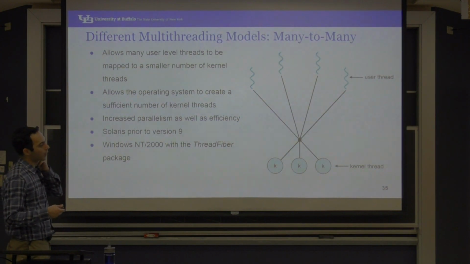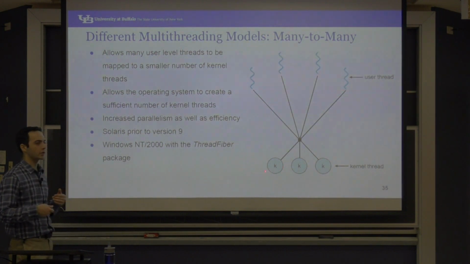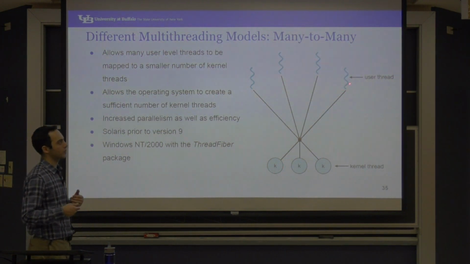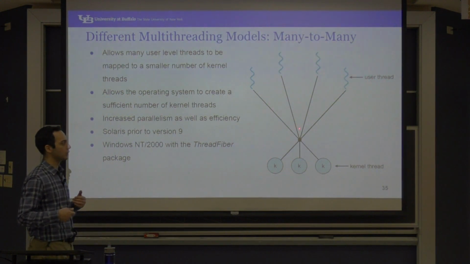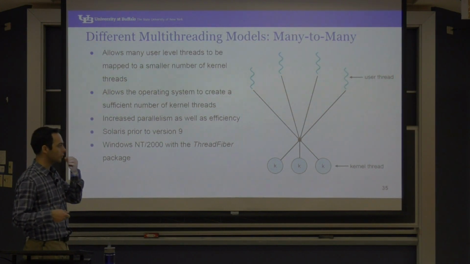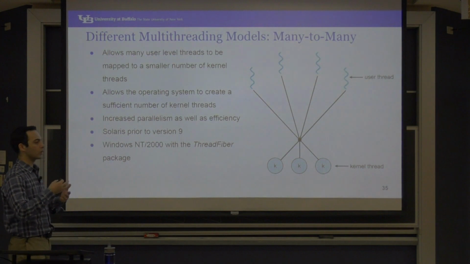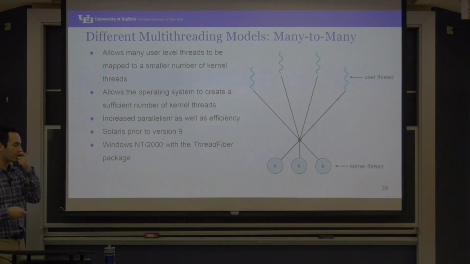So the operating system decides which of these threads are going to run, and then assigns it to that thread. If a thread is not running, if it's blocked, then it doesn't map it to a kernel thread. It just waits there until it's ready. This way has the flexibility of using the concurrency within the kernel, but also not having the drawback of the previous one.